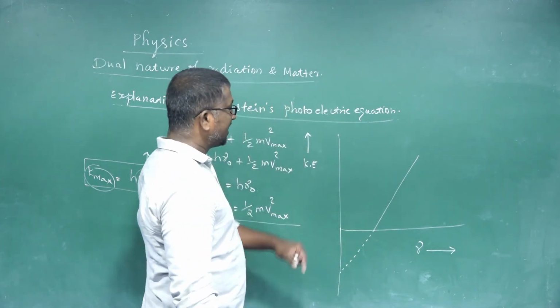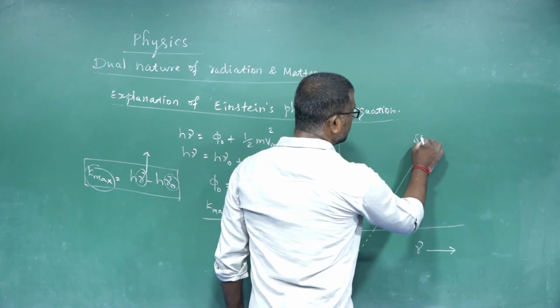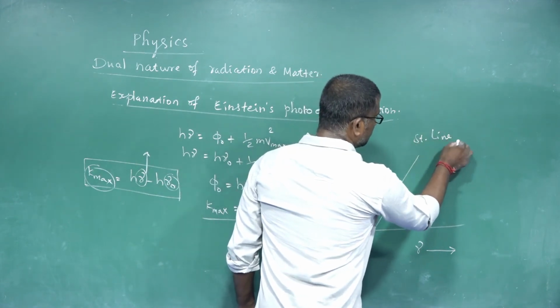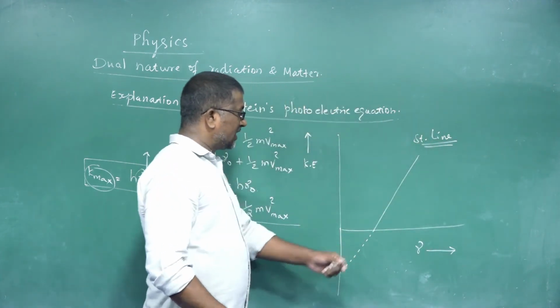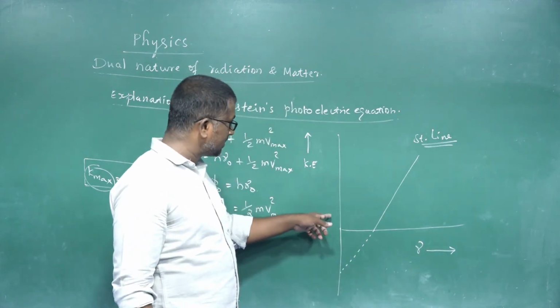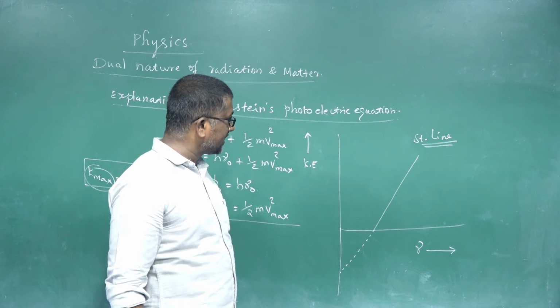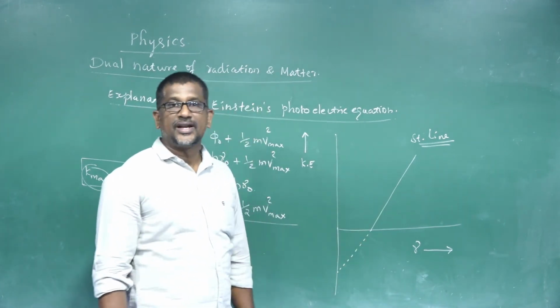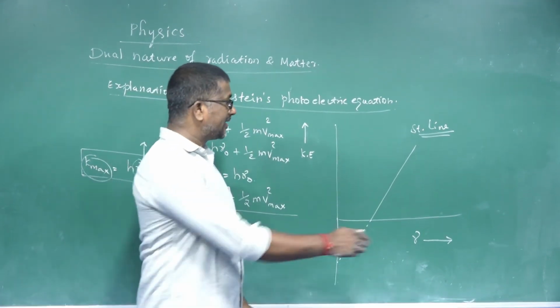When we draw a graph by taking the frequency of the radiation along the x-axis and the kinetic energy along the y-axis, the nature of the graph is a straight line.